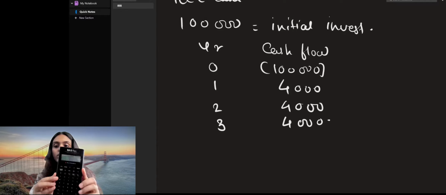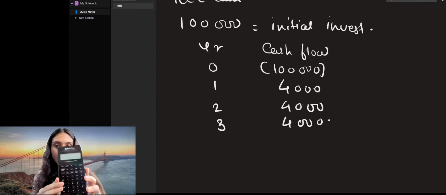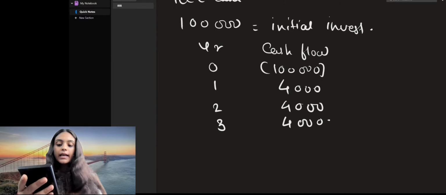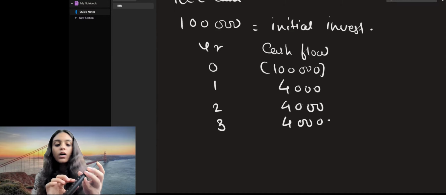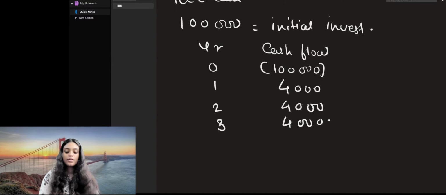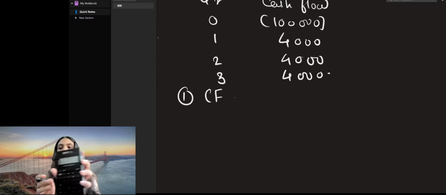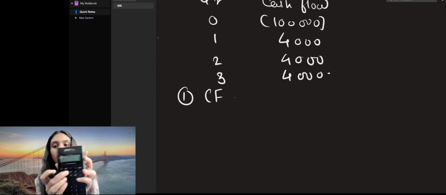Okay. So this is your BA II Plus professional calculator. First turn it on. Then you choose CF. Your first step is you choose CF on your calculator. It is right here.